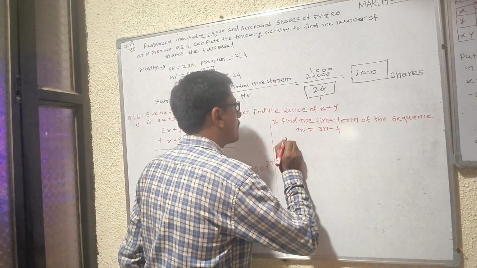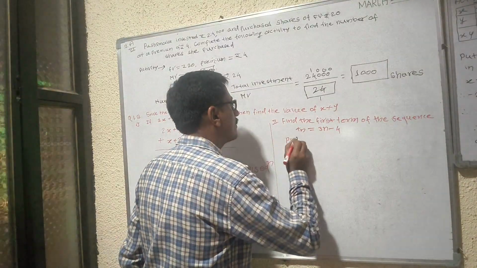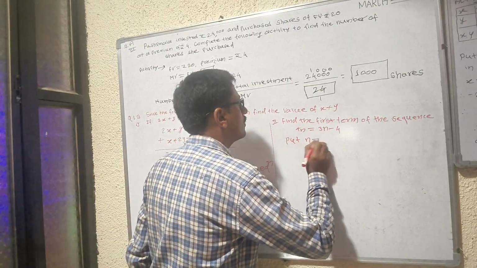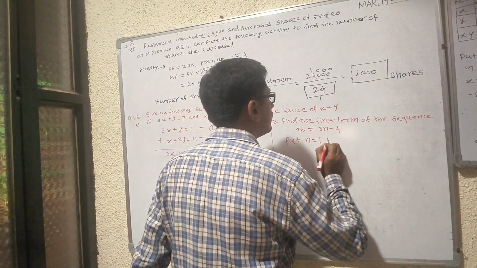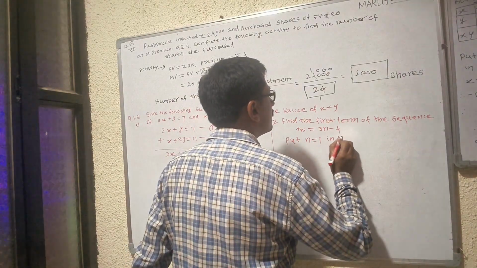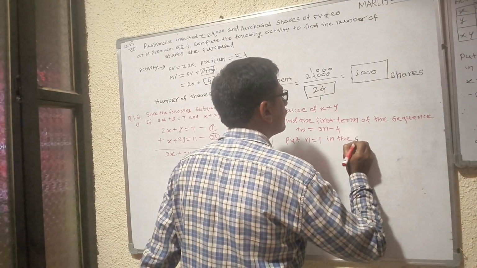So put n is equal to 1 in the above sequence.